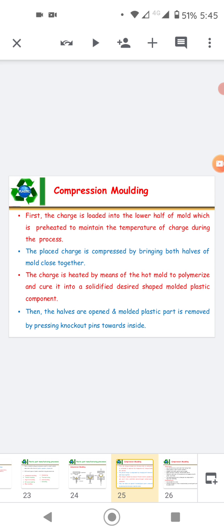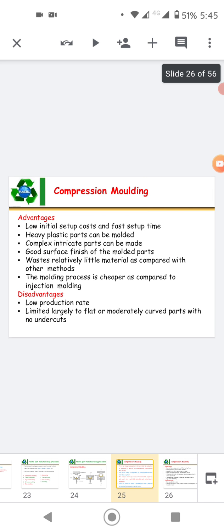The charge is heated by the hot mold to polymerize and cure it into a solidified, desired shaped molded plastic component. Then the mold halves are opened and the molded plastic part is removed by pressing the knockout pins inward.